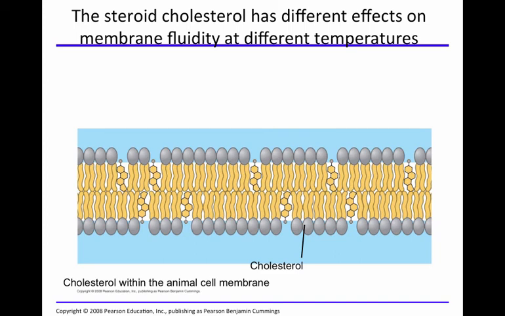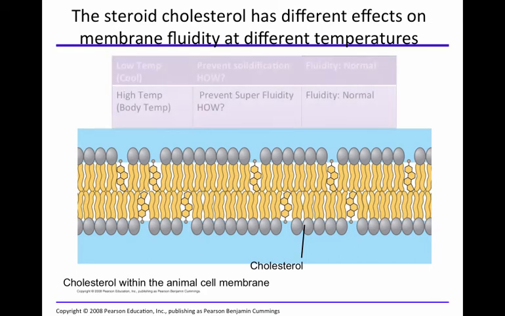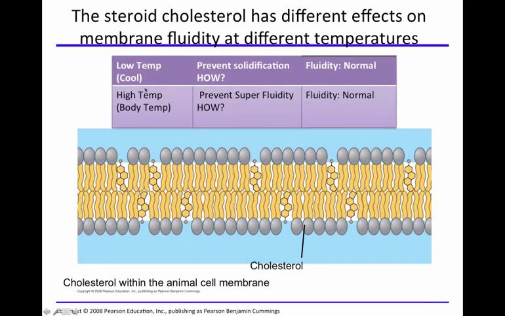So cholesterol is a steroid, and it has different effects on membrane fluidity at different temperatures. So let's look at this again. At a low temperature, when it's cool, how does the membrane prevent solidification? How does it keep the fluidity of the membrane normal?